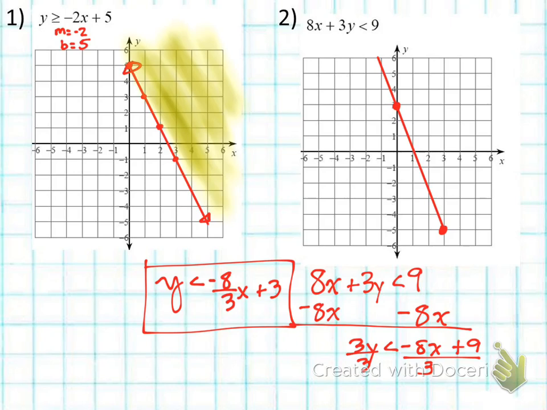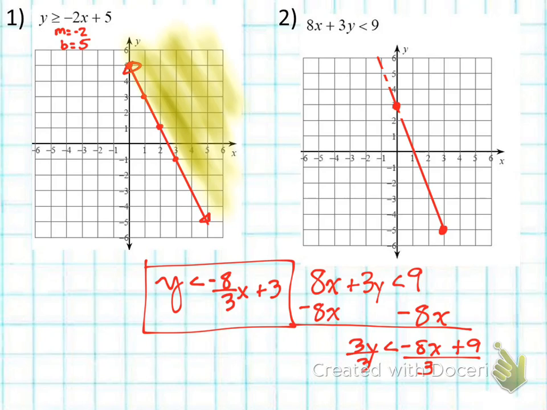On this example, I'm noticing, is there an equal sign here? No, there's no equal sign. So I want a dashed line. You can do this two ways. You could take your card or your straight edge and make a dashed line, or you can make a straight line and then take your eraser and erase over it.